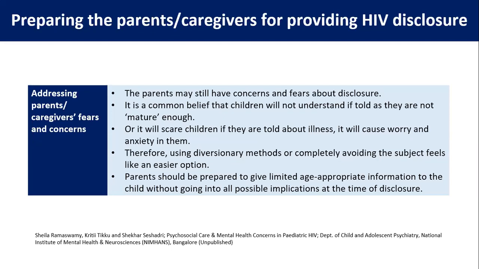Parents should be prepared to give limited, age-appropriate information to the child without going into the possible implications at the time of disclosure. So we need to make them understand these are the usual concerns of all parents, but it may become counterproductive if we do not disclose the diagnosis to the child gradually as per his age.